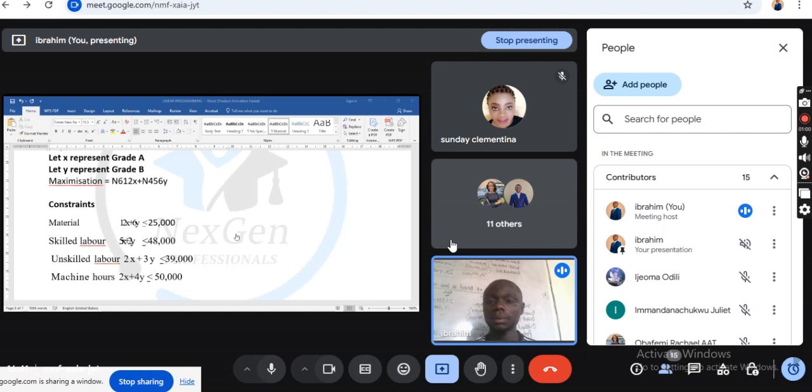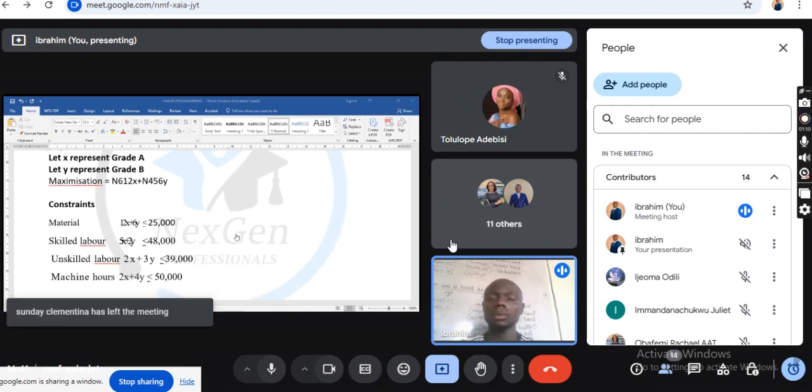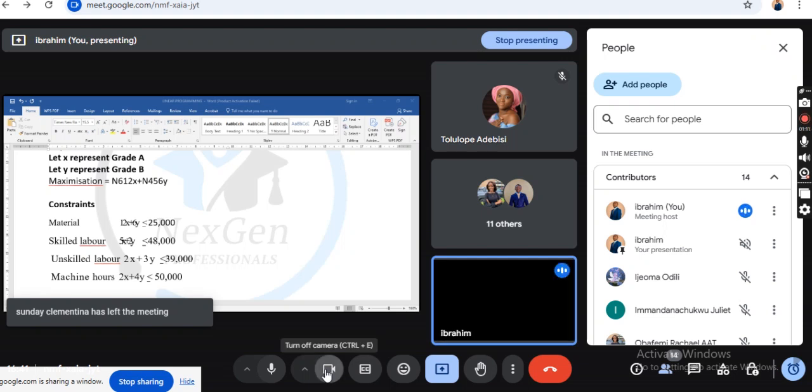Then we were able to differentiate when it is a minimization function and when it is a maximization function. So let's quickly continue with that.